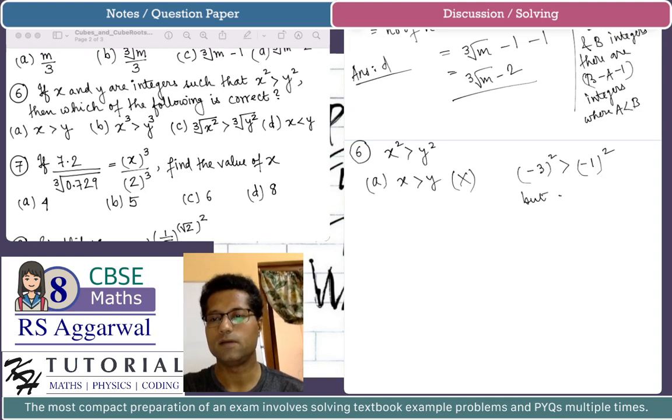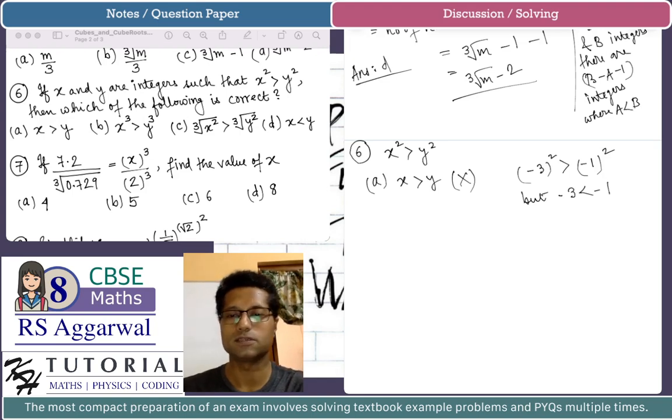But we have minus 3 less than minus 1. So if you consider x as minus 3 and y as minus 1, we are getting x square greater than y square, but we are getting x less than y. So choice A is not necessarily always true. It is not a correct choice.